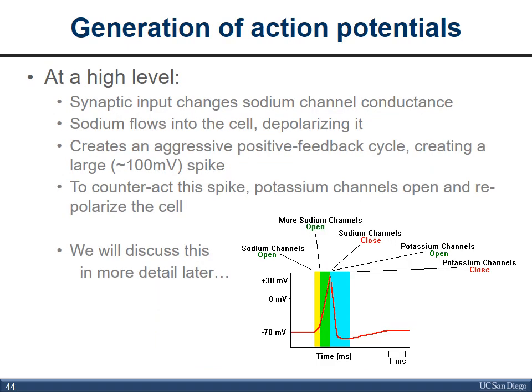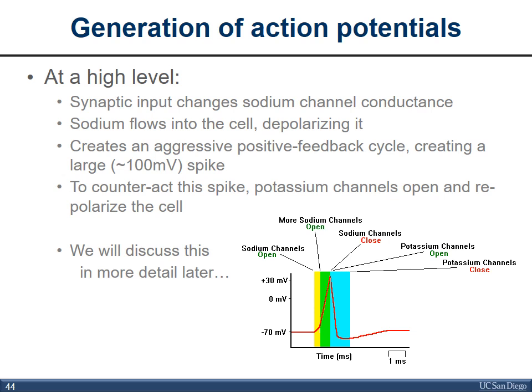So at a high level, when action potentials get generated, what ends up happening is the synaptic input somehow changes the sodium channel conductance. This means that sodium suddenly starts to flow into the cell. What this does is it causes the cell to depolarize. So normally the cell potential is, say, for example, negative. Depolarized means it goes positive. So the sodium channel opens.